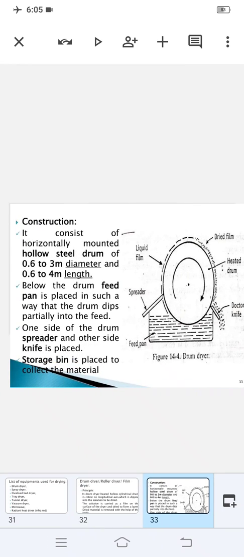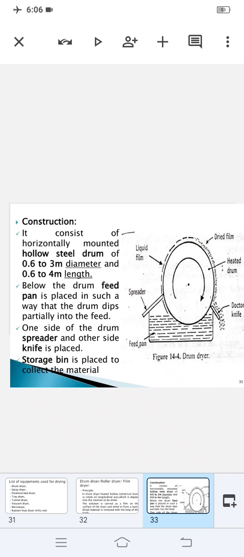This is the diagram of the drum dryer. You can see a hollow cylindrical drum which is dipped in the solution which is to be dried, and a liquid film is being drawn over the drum.